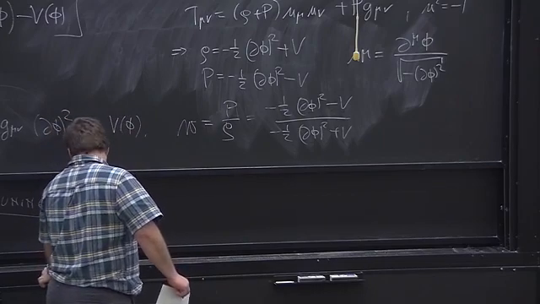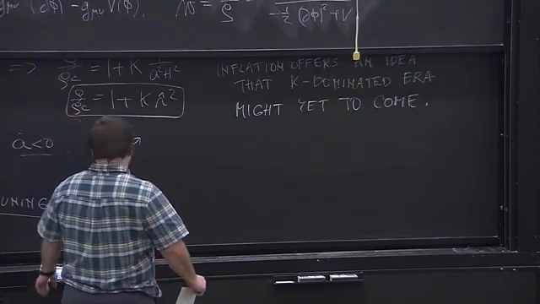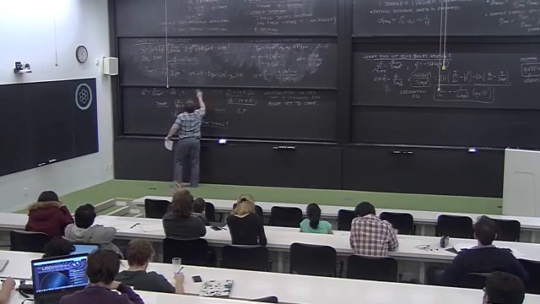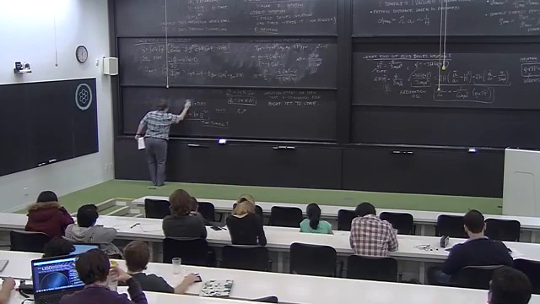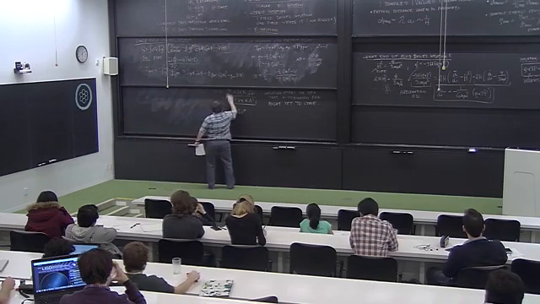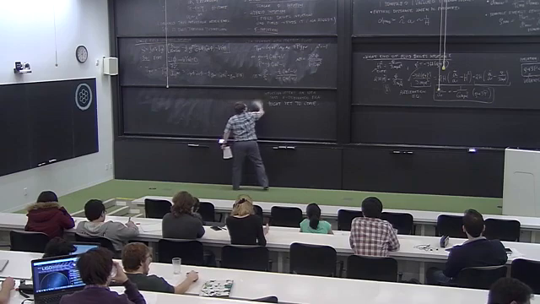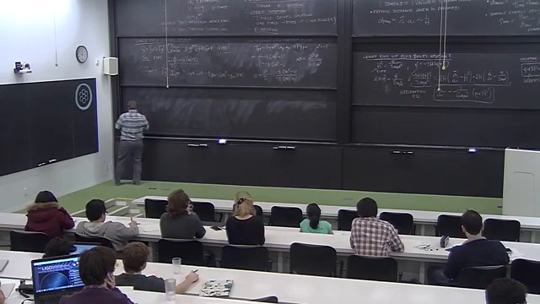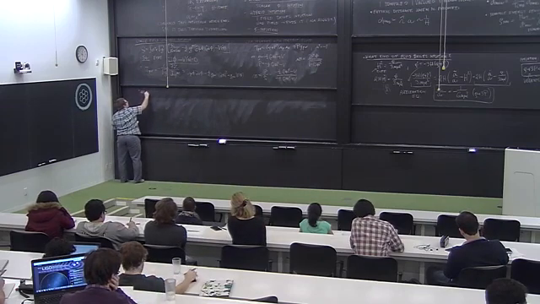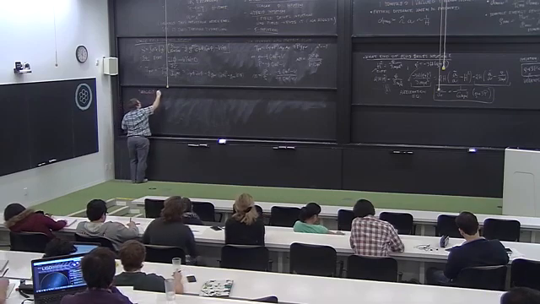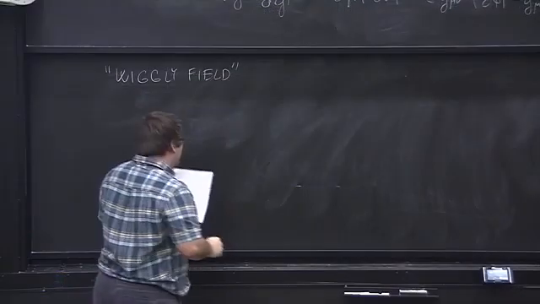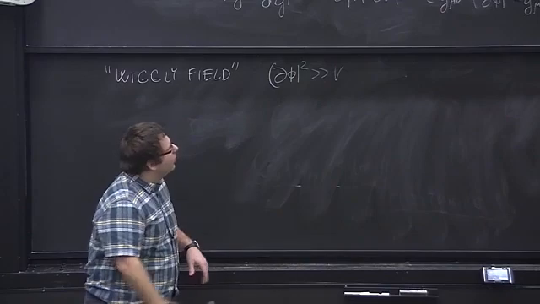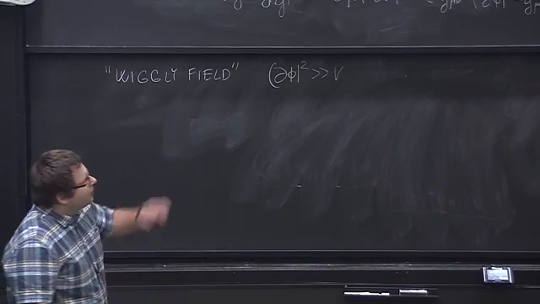So if you want, you have two regimes of interest for cosmology coming from the scalar field. And these are, so let me call the first one a bigly field, which means that this guy is much bigger than V. Well, if that guy is much bigger than V, I can neglect V in that equation of state.